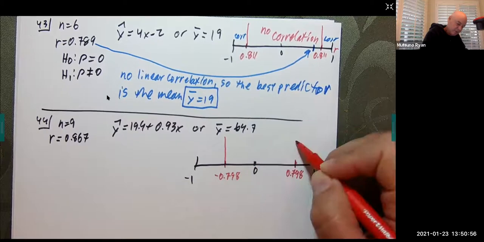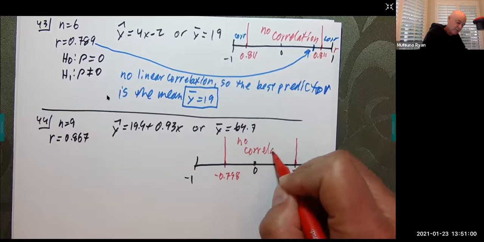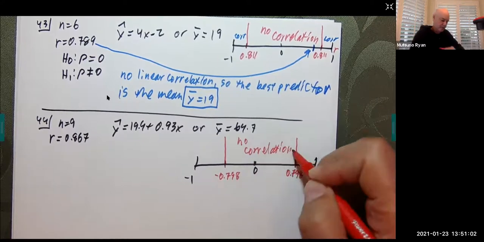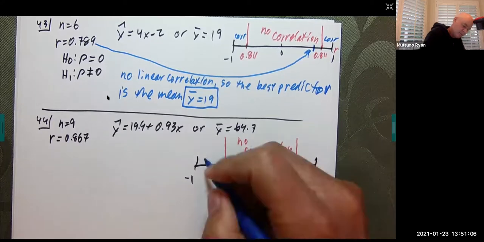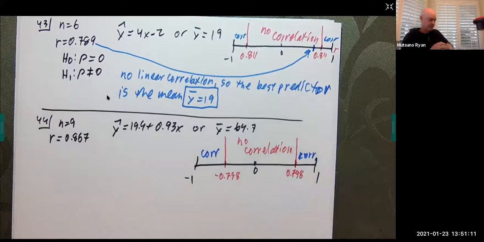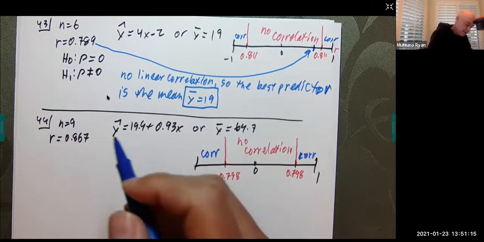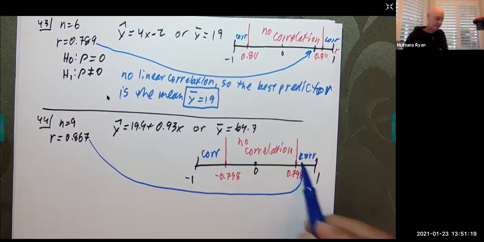Once again, between here, there is no correlation. But if I'm here or here, there is a linear correlation. And our R value goes right there.